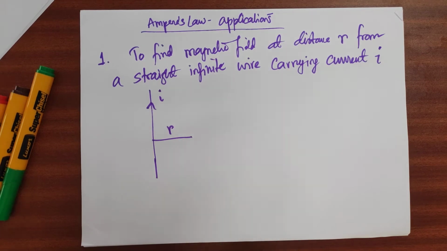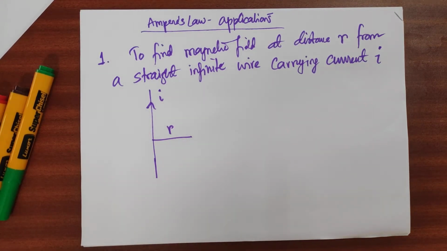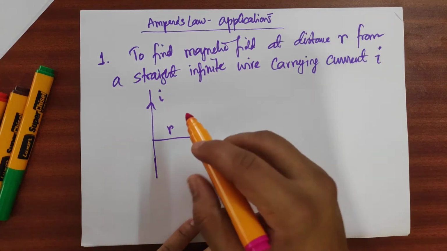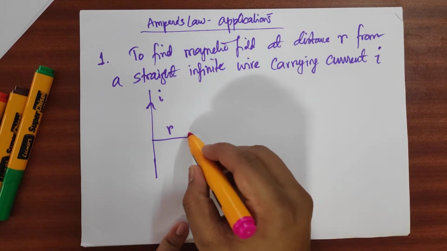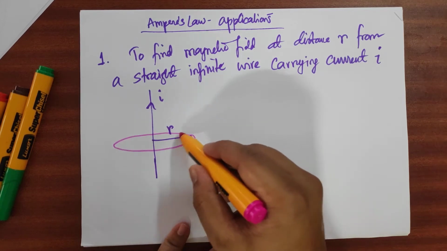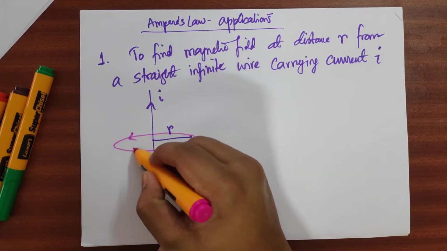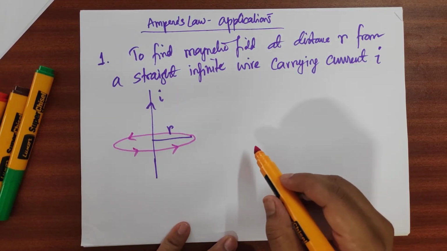Here we will apply Ampere's law, but before applying it, you have to have some knowledge regarding the direction of the field and symmetry and all those things. Here you know that this magnetic field forms these circular loops, and that too it is symmetric.